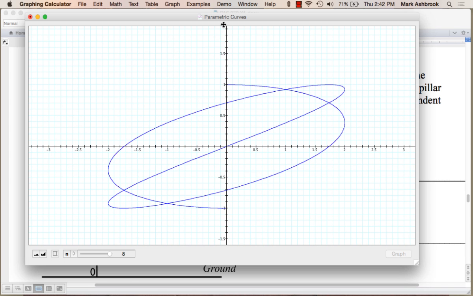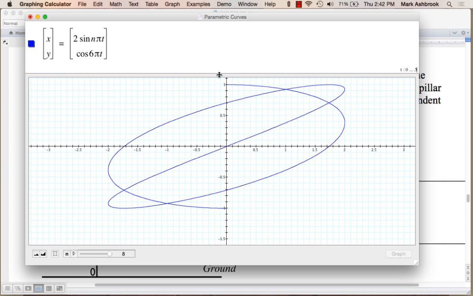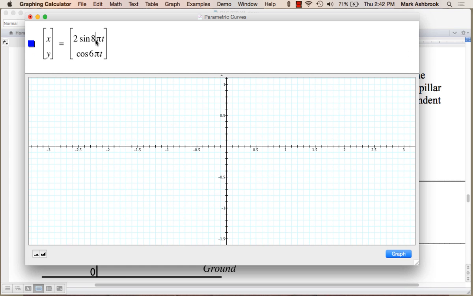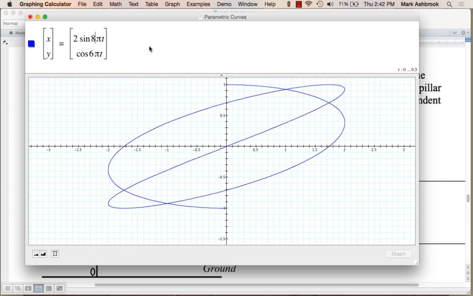And so this is actually x equals 2 sine of 8 pi t, and y is cosine 6 pi t. So in GC, to start a parametric function, which is going to be our next little jaunt here, press control 2.